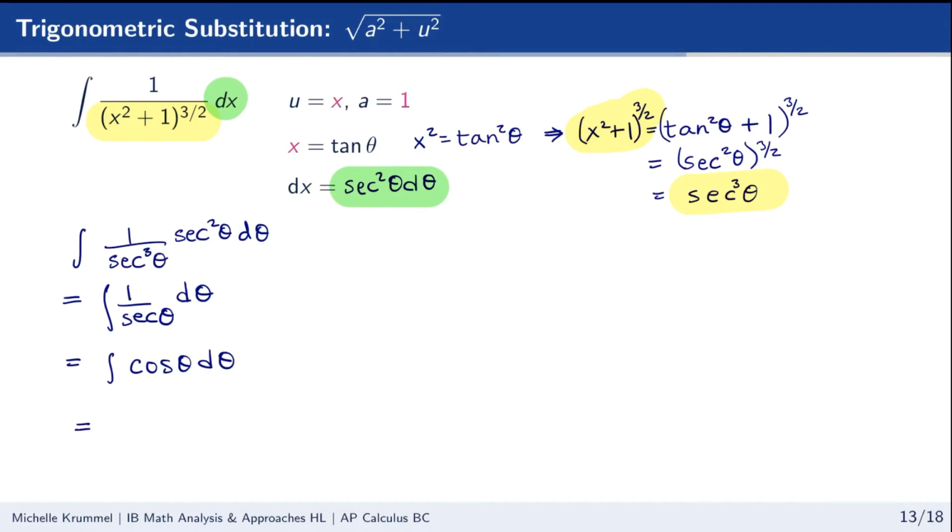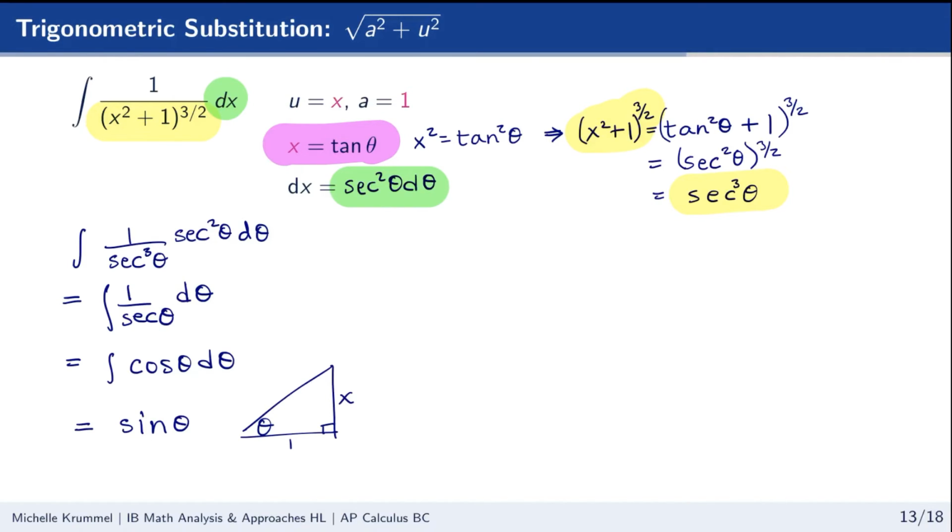We know how to integrate cosine theta. That's just sine theta. And we're going to draw a right triangle so we can get our answer back in terms of x. So looking here, tangent theta equals x over 1.